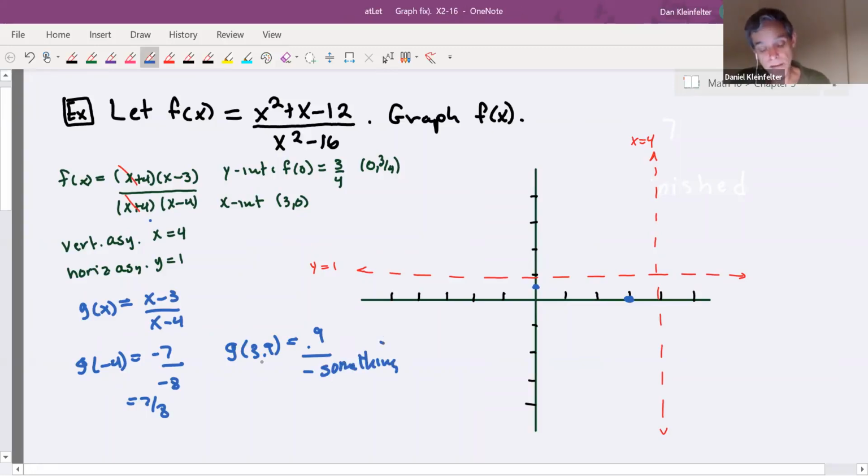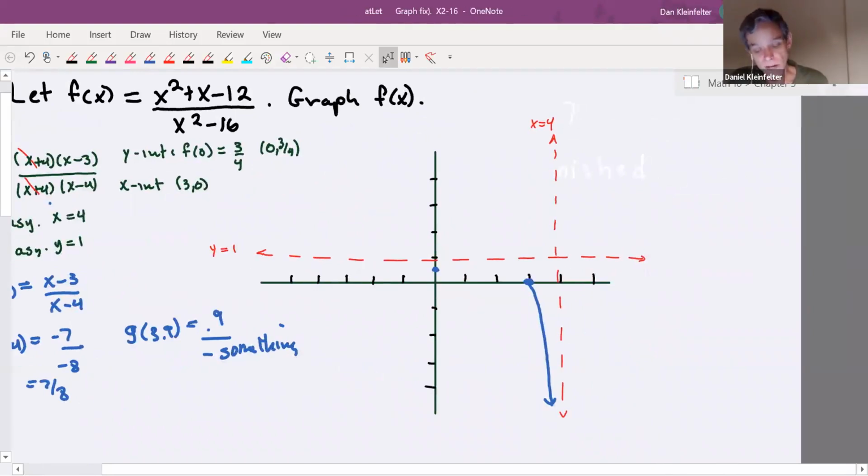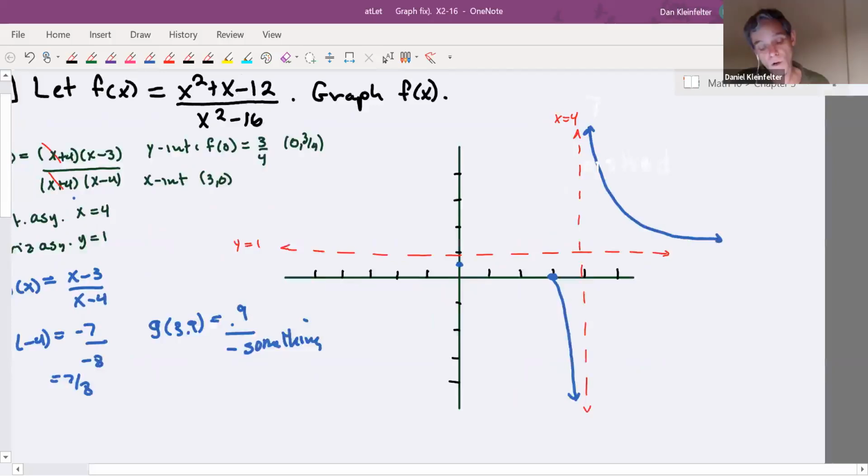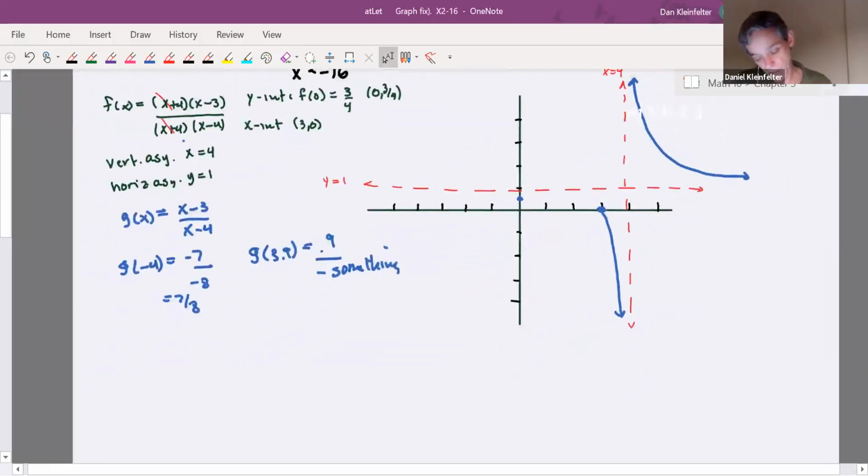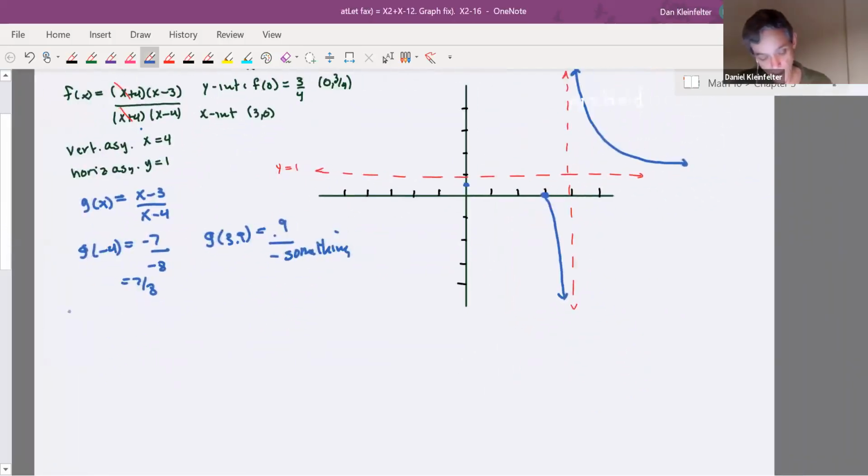So right before 4, I know that this is going to be negative, so it has to be going down. And then let me go ahead and finish off the right side while we're here. I know that the zero of the denominator that we had at 4 has odd multiplicity, so it has to be on the opposite side here. All right, I should check and make sure that we don't cross our horizontal asymptote anywhere. So let me do that before I go any further.